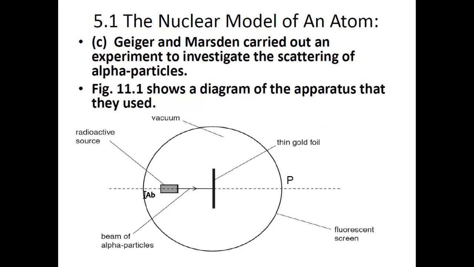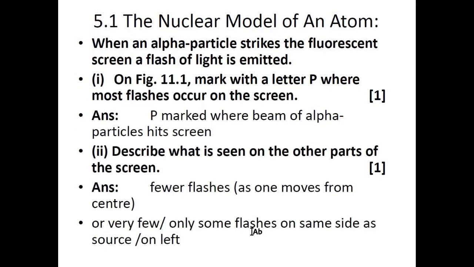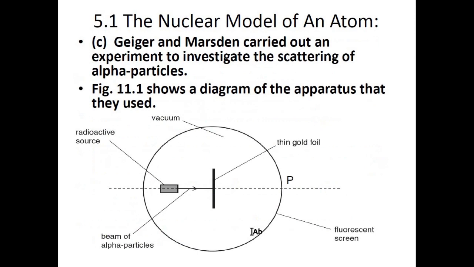So you would see very few flashes somewhere over here, and some of the flashes over here on the right hand side. As we know from the original experiment, some of the alpha particles are deflected by a small angle, very few are completely bounced back, and the majority of them just pass right through.